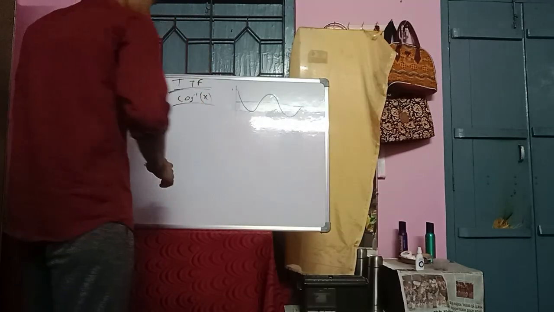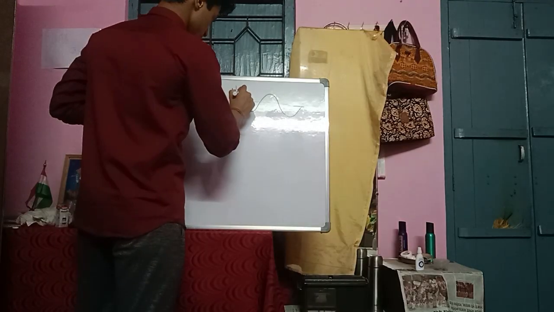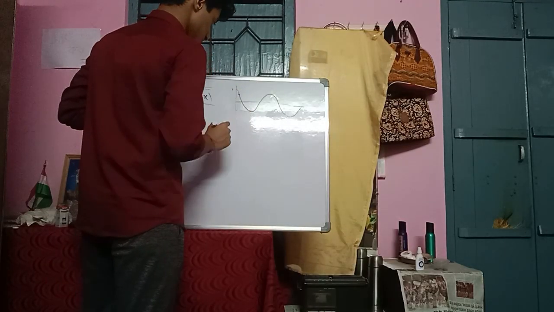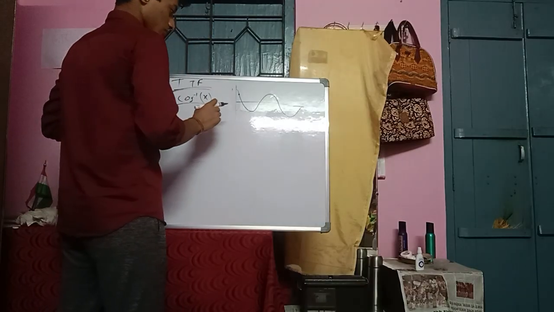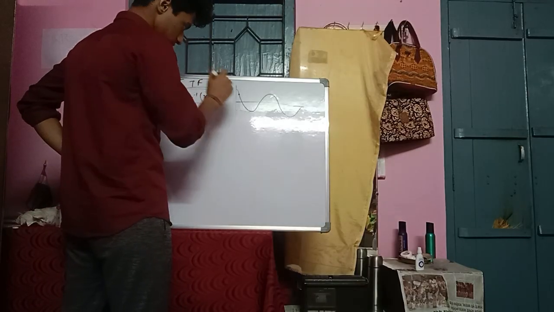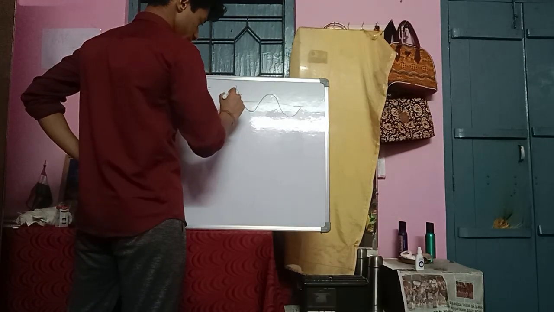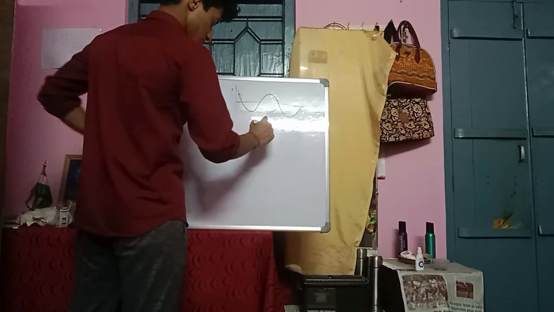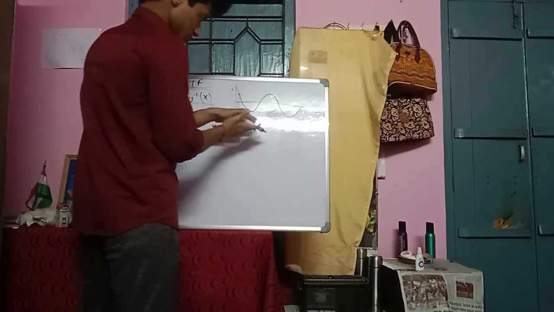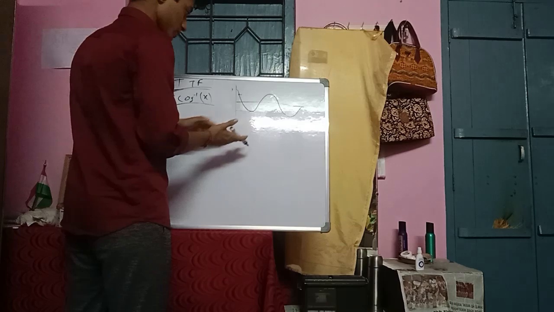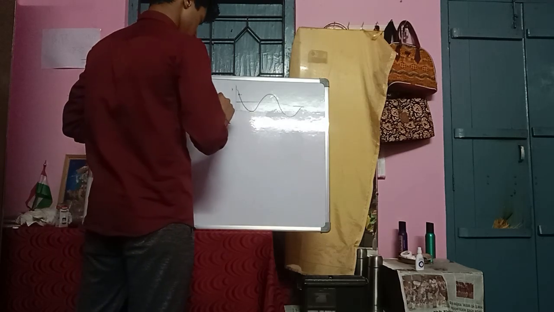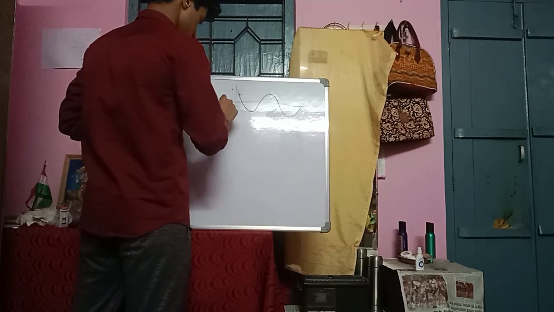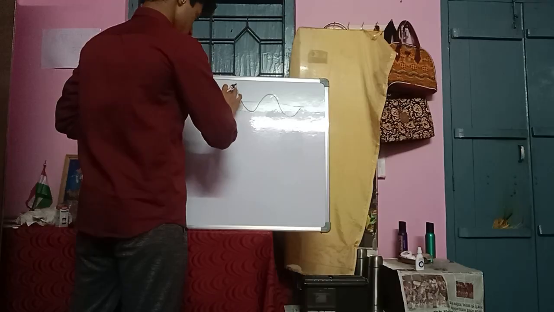Let's say on this point we have a value of the function. On the x-axis we represent the value of x, of course, the inputs of the cos function, and on the y-axis we are going to represent the value of the cos theta function.